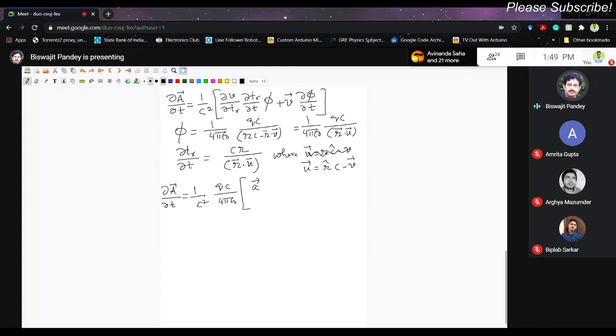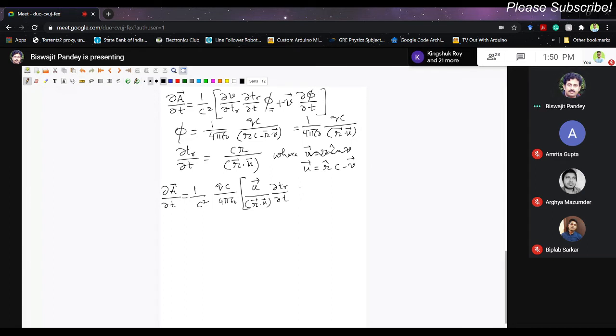Del v del t is acceleration, and phi is what? From phi, the remaining part I have taken outside. So the remaining part is here, r dot u. This is coming from this phi: qc by 4 pi epsilon 0 I have taken outside, and 1 by r dot u is inside. I am not substituting just once, so that there is no mistake, do all the steps.